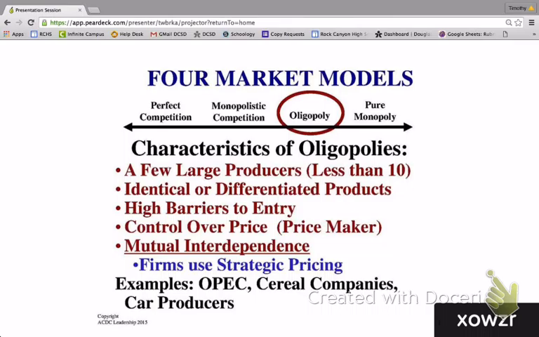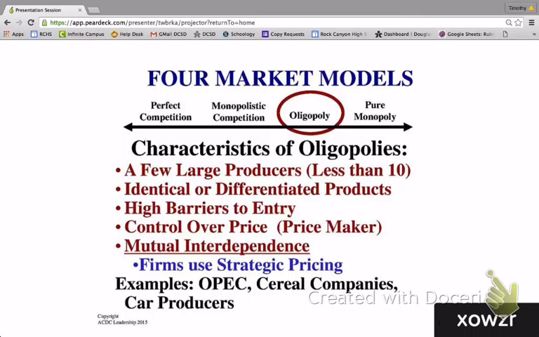Examples of oligopolies today might be the OPEC oil cartel, which is not really an oligopoly of firms, it's an oligopoly of countries. But OPEC stands for the Organization of Petroleum Exporting Countries, and they are characterized by countries like Saudi Arabia and Iran, Iraq, Nigeria, and Venezuela, and other countries that dominate the oil market.